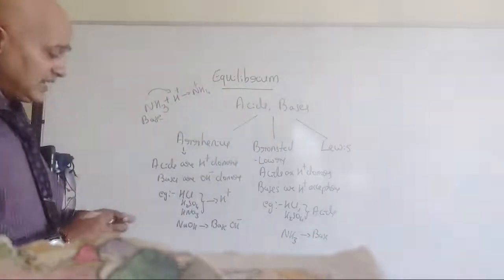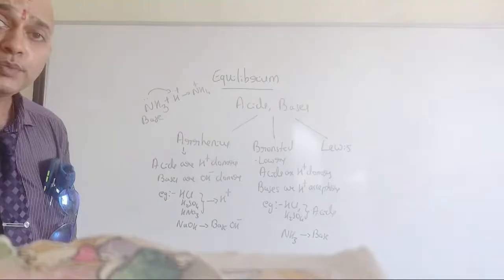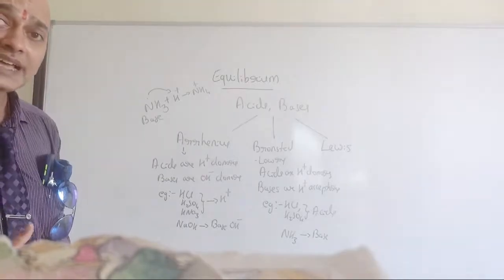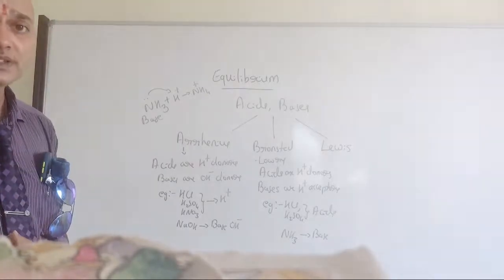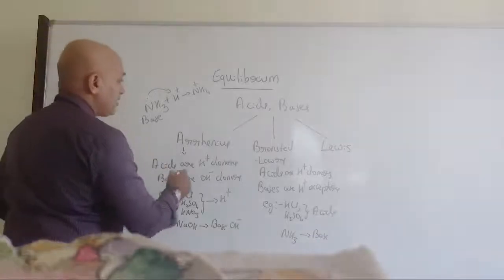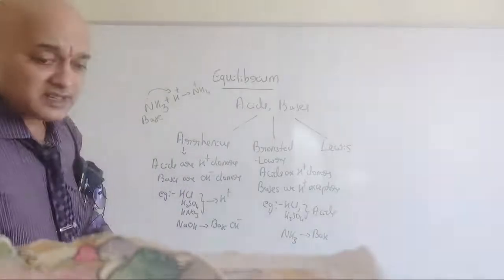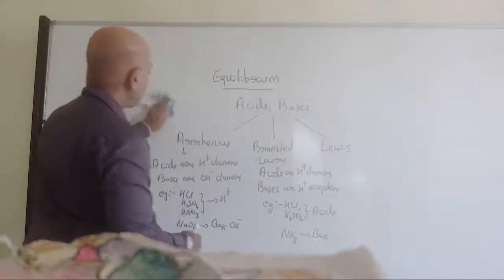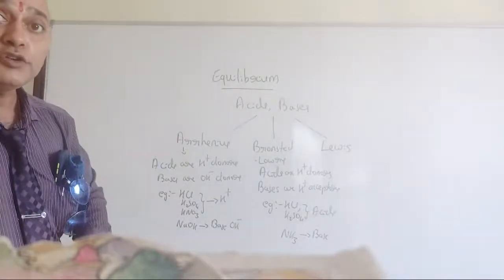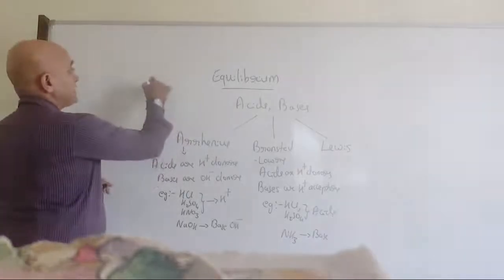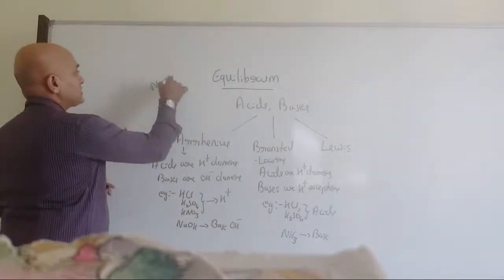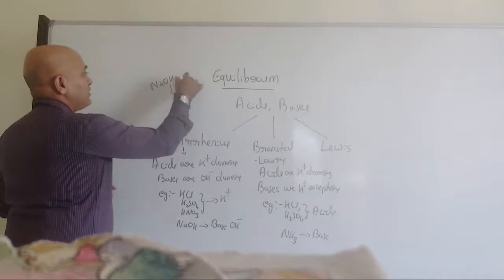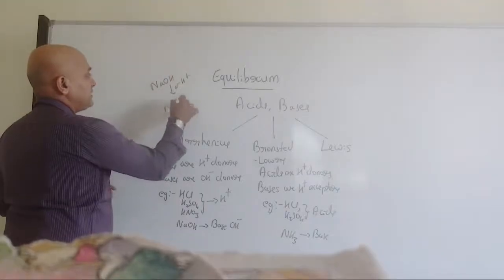Now the question here is, according to Bronsted-Lowry theory, bases as a molecule should accept the H plus. But sodium hydroxide, if I consider sodium hydroxide as a molecule, is not going to take up the H plus. Please remember, sodium hydroxide as a molecule will not pick up H plus.